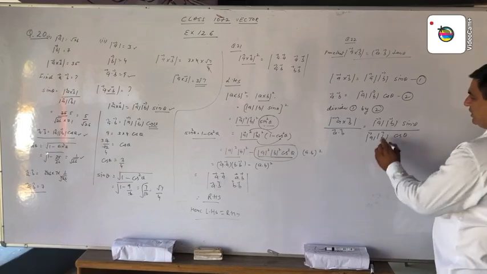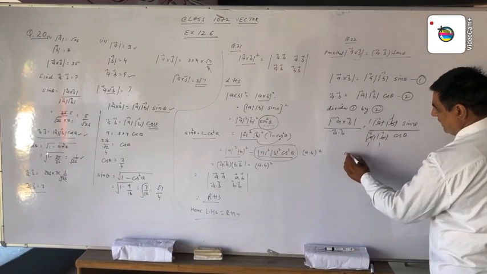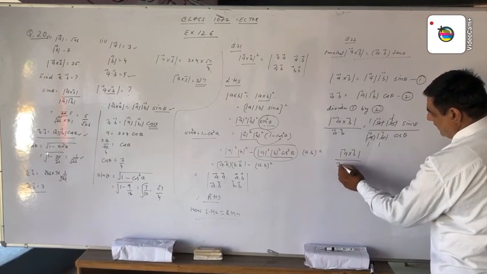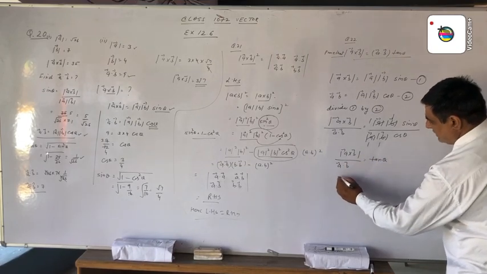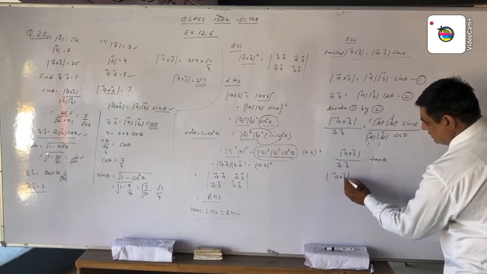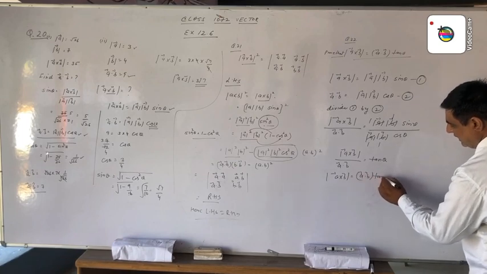Now here vector a cancels with vector a, vector b cancels with vector b. We get magnitude of vector a cross vector b by vector a dot vector b is equal to tan theta. Now we transfer this value inside. Magnitude of vector a cross vector b is equal to vector a dot vector b into tan theta.